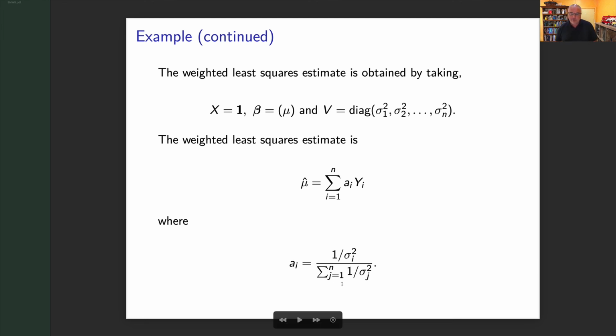And the weight is this term. What it's doing is anything that has a high variance, it's down-weighting it. Because if you think about it, if it has a lot of variability, when you come to make your estimate, you don't want to give it as much weight. You want to go towards the things that have more precision. And that's what it's doing.